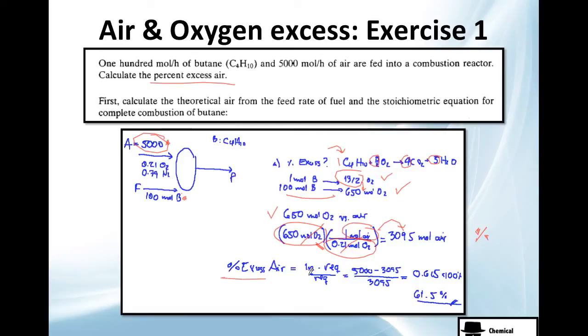Let's calculate the excess: inlet minus required, divided by the required. The inlet is 5000 moles of air minus the required, which is the one we calculated here, divided by this same number. It will give you 0.61 or 61%.